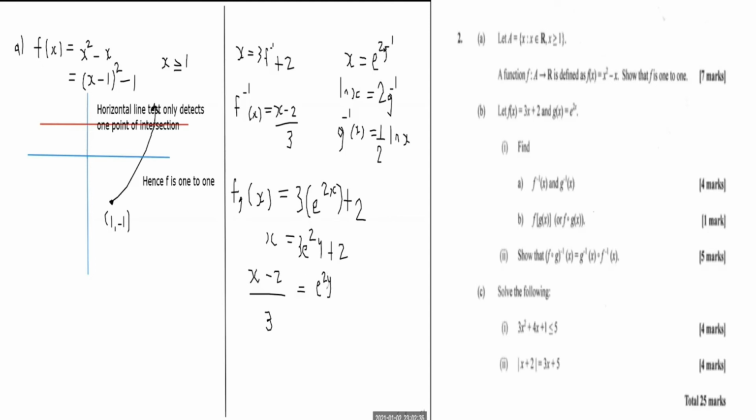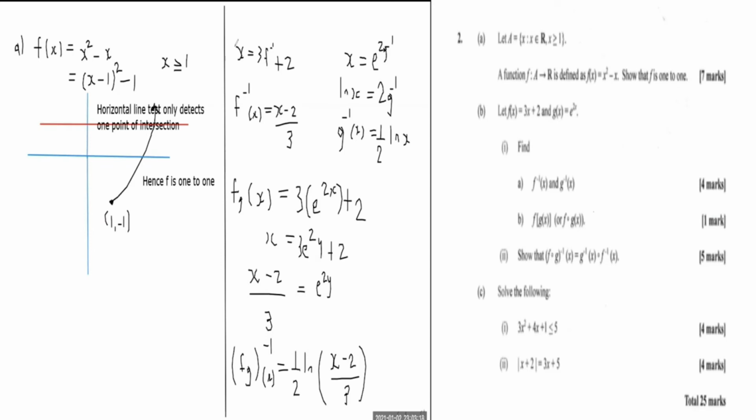Since I'm getting e to the 2y, I'm going to take ln of both sides. And so what that works out to be is, fg inverse is going to be equal to, I take the log of both sides, and then I divide by 2. So fg inverse is working out to be, shouldn't have skipped that step, but just for the space, a half ln of x minus 2 over 3. Nice and easy. That's fg inverse.